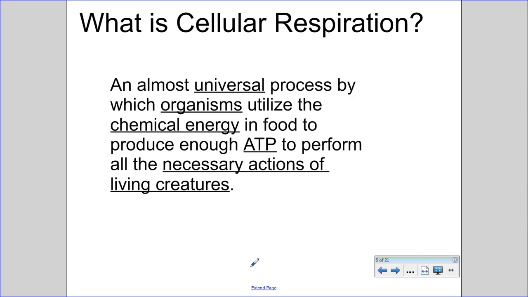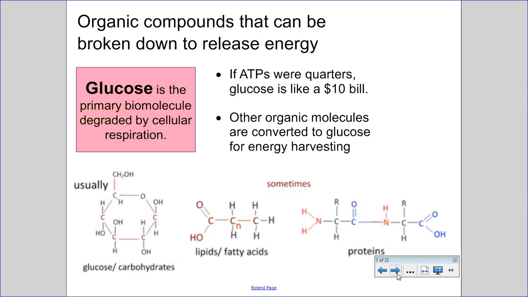So what is cellular respiration? Well, cellular respiration is an almost universal process by which organisms utilize the chemical energy in food to produce enough ATP to perform all the necessary actions required of living creatures. It turns out that it is organic compounds that have to be broken down to release this energy that gets used to create ATP.